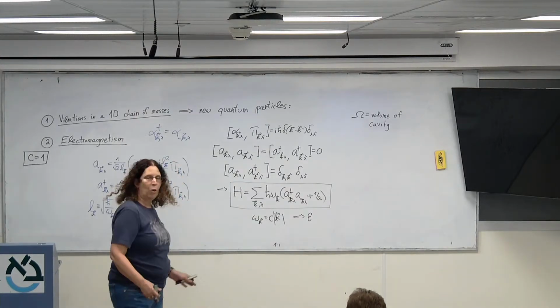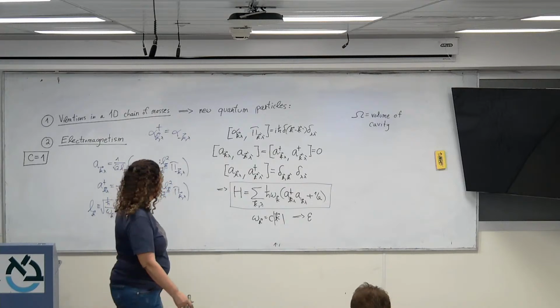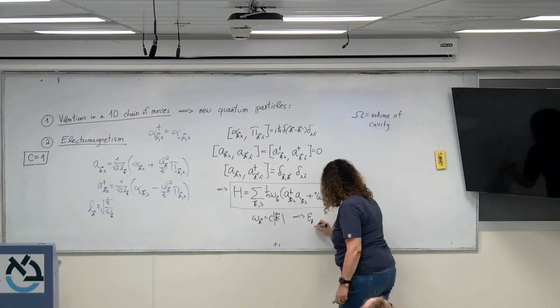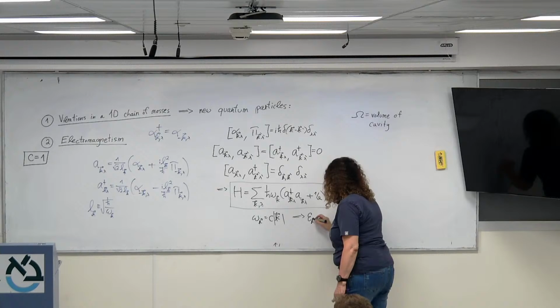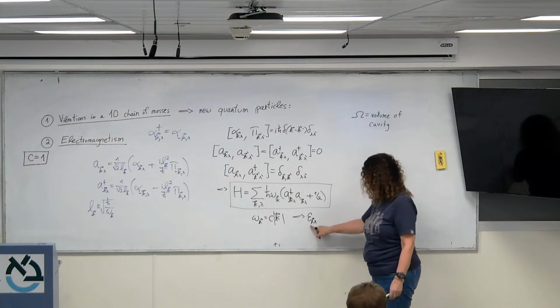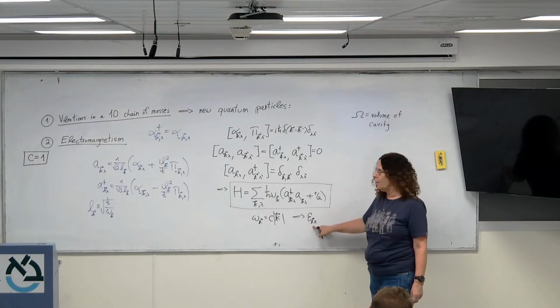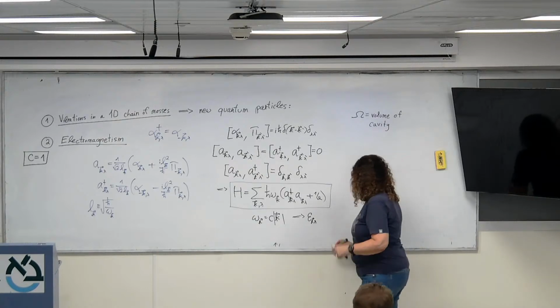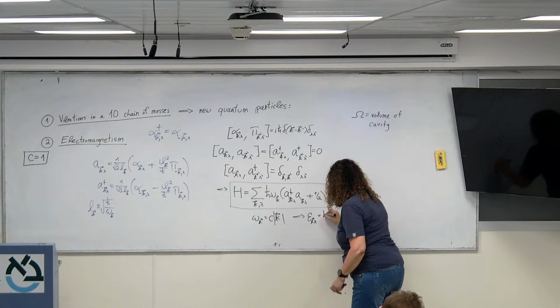So they belong to the bosonic class of particles, and the energy of each particle, to be careful, we can call it epsilon of k and lambda, because there's also a polarization index, but it doesn't affect the energy. And this is just h bar omega.